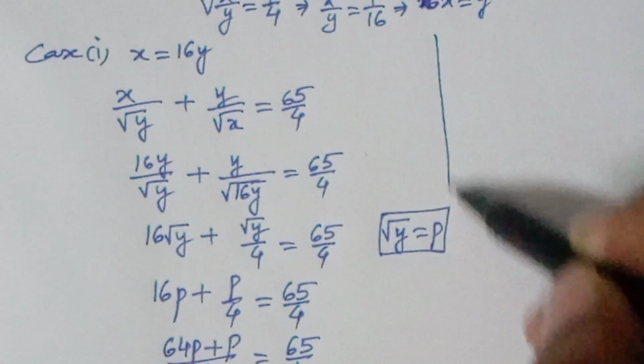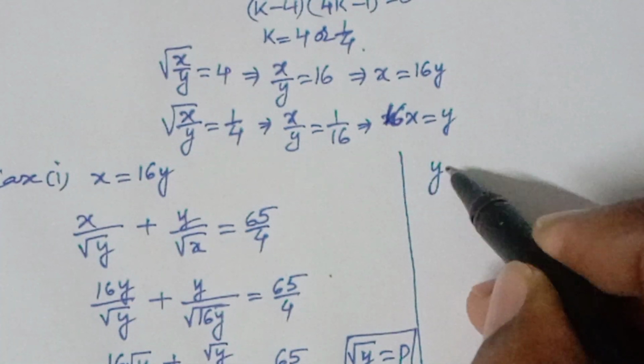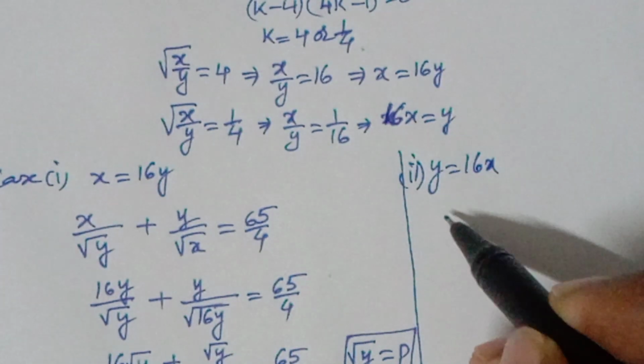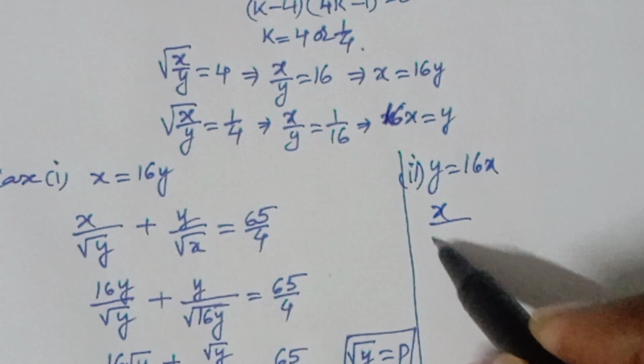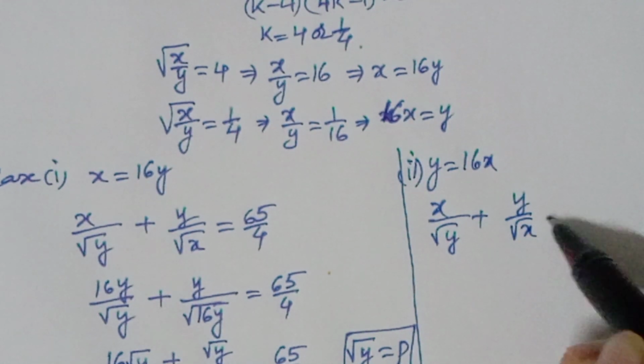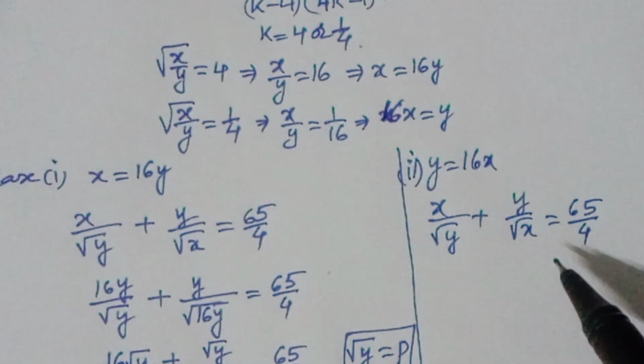here also we have the same process. So y is equal to 16x. Okay, x by root y plus y by root x is equal to 65 by 4. We are replacing in the second one now.